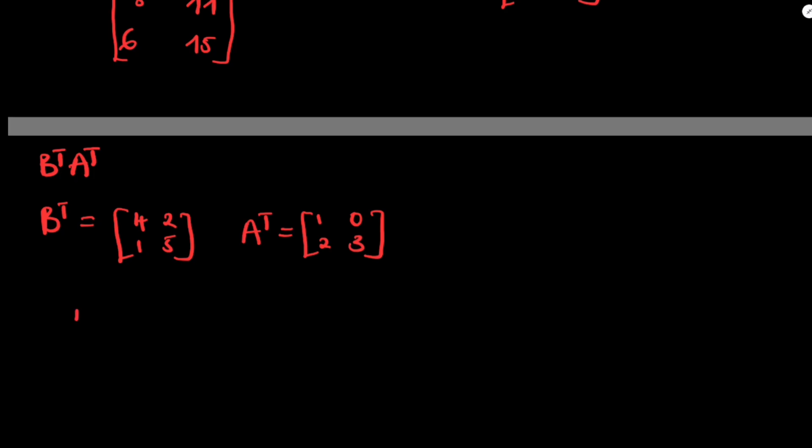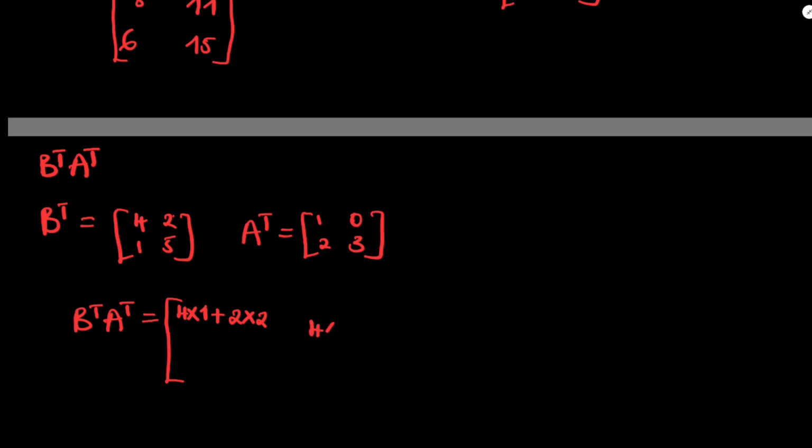So we have B transpose times A transpose. So the rows multiply the columns. So we have 4 times 1 plus 2 times 2. That's the first element. We have 4 times 0 plus 2 times 3.